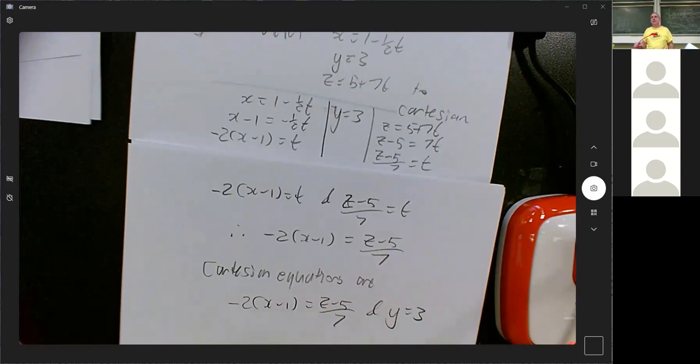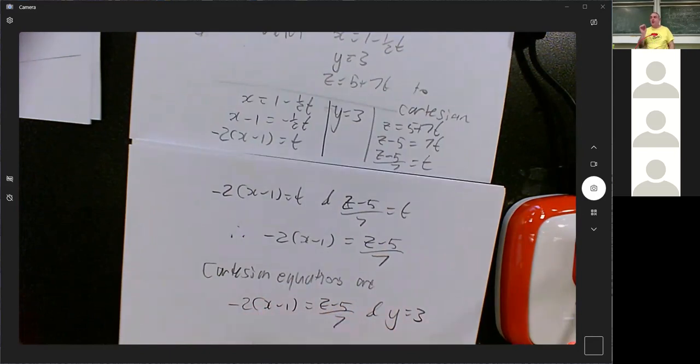The reason I wanted to do this example, when I noticed what was going to happen after the fact, was to show that this is a possibility. It is okay to get one equation that looks the way you expect and a whole other one which just tells you that it's equal to a constant. So this is telling me that all of the points on this line have y coordinate 3. And then this is how to figure out what the other two coordinates are.